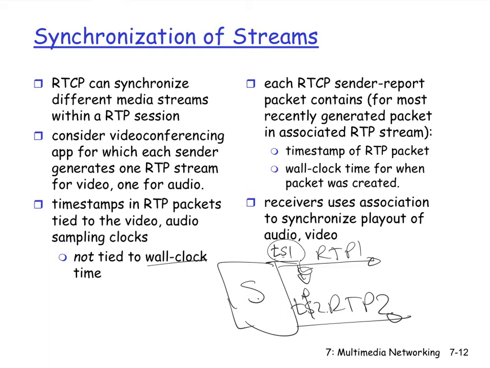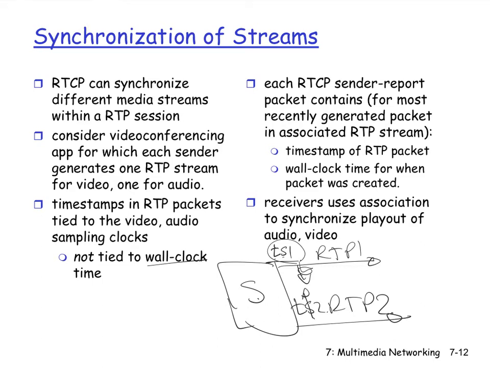So this way, if there is a packet at timestamp 100, we know how to calculate its absolute time based on the wall clock. The wall clock is sent periodically, and together with the timestamp in RTP, we can get the absolute time for every packet.